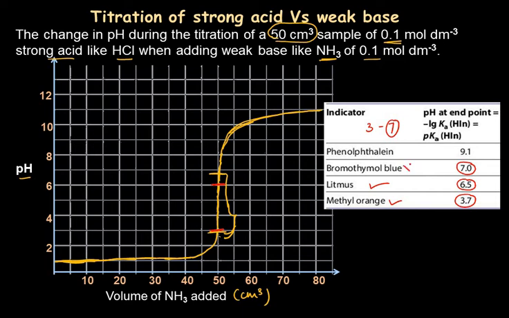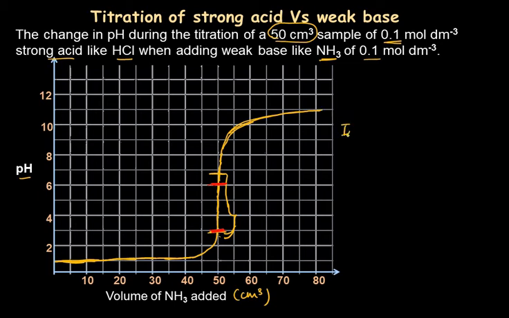Bromothymol blue is not suggested because it shows a color change at a pH of 7, which may not be proper. So if you choose an indicator within this pH range, then we have a choice of two indicators, that is litmus and methyl orange.